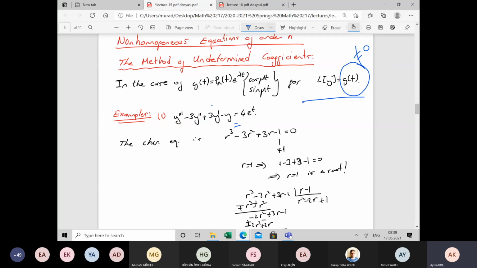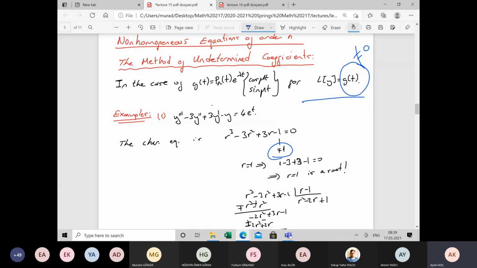This equation, r to the 3, has 3 roots, and our aim is to find all roots. So we have to find these roots and look at the constant term. Look at the divisors of the constant term, plus or minus 1.